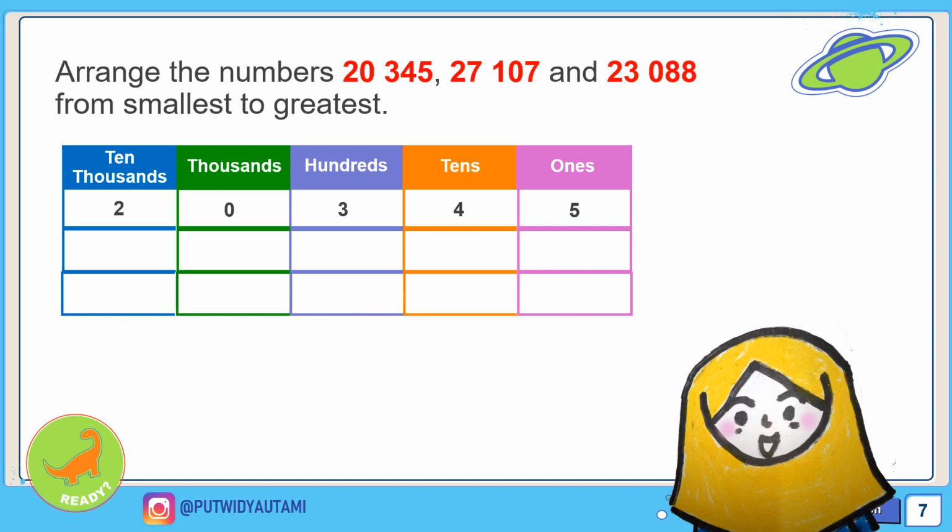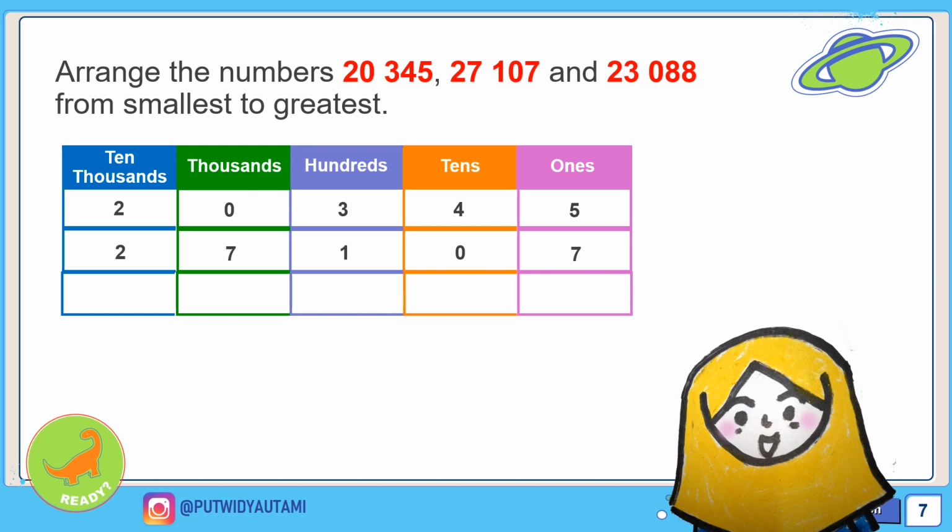In 27,107, what is the digit in 10,000s? 2. What about thousands? 7. What about hundreds? 1. What about tens? 0. What about ones? It's 7. Pretty good.